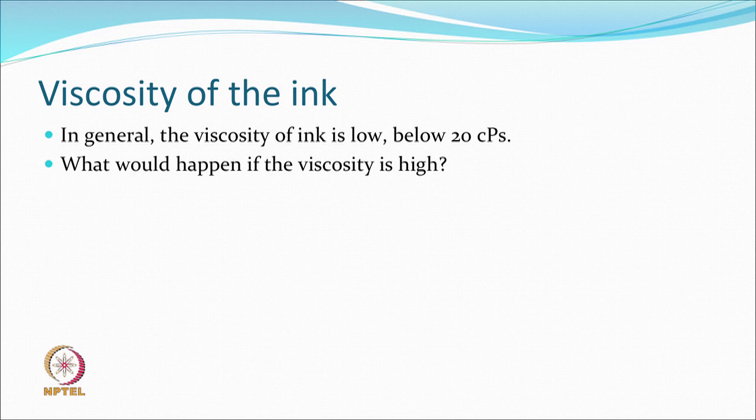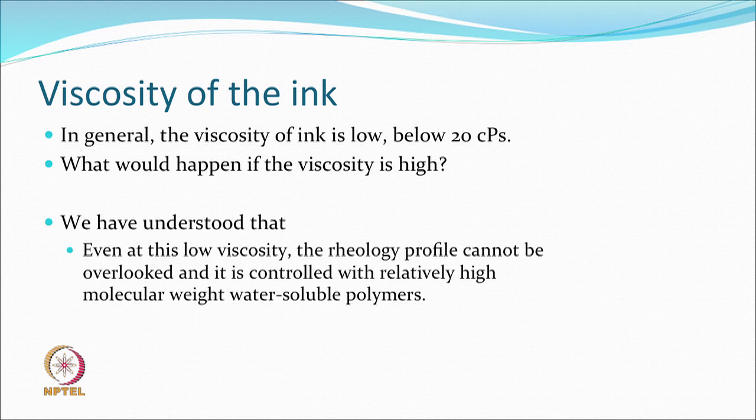We also understand if viscosity is too high, clogging and other things can happen. And we also understood that even at this low viscosity, the rheology profile cannot be ignored, and it is controlled with relatively high molecular weight water soluble polymers.